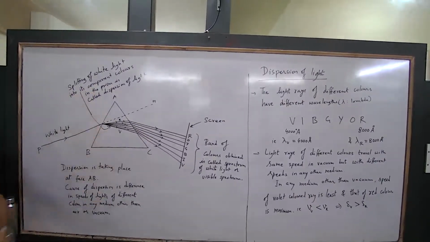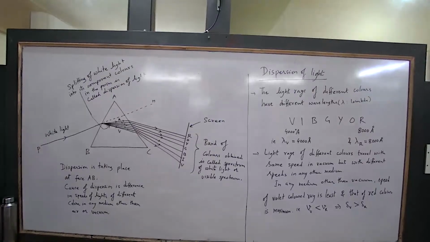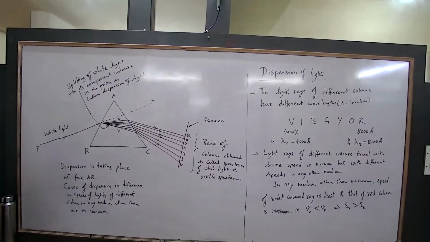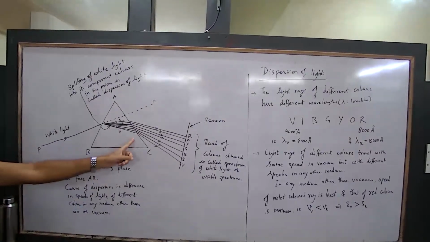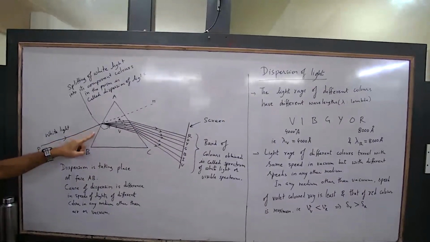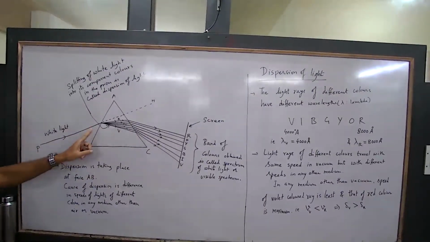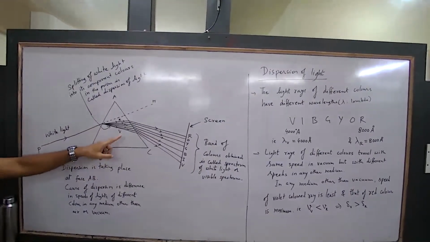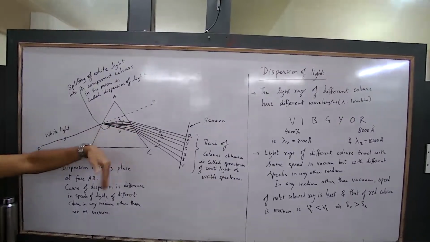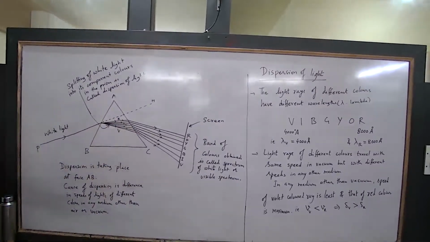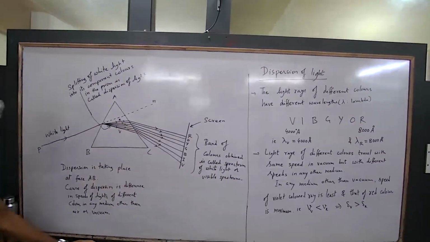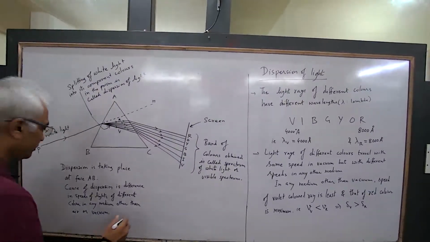What is happening on phase AC? Only bending, which is just refraction. Only refraction is taking place here. At AB, it is refraction and refraction leading to dispersion. But here it is only further bending. No more splitting of colors. So only refraction.